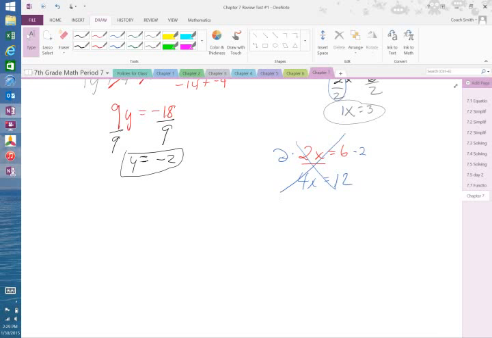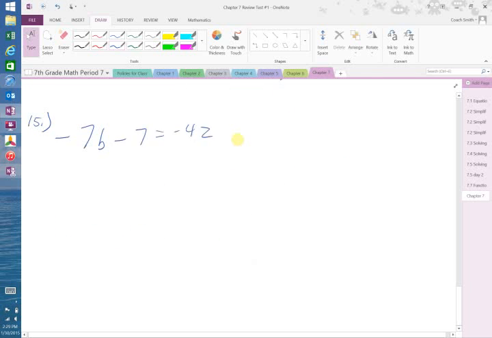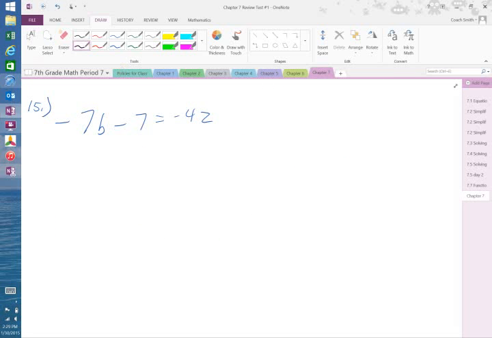Number 15. Negative 7b minus 7 equal negative 42. First step would be to do what, Brandon? Yep. Add 7 to both sides. So negative 7b minus 7 plus 7 equal negative 42 plus 7.